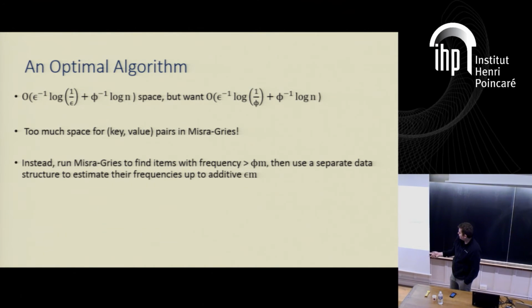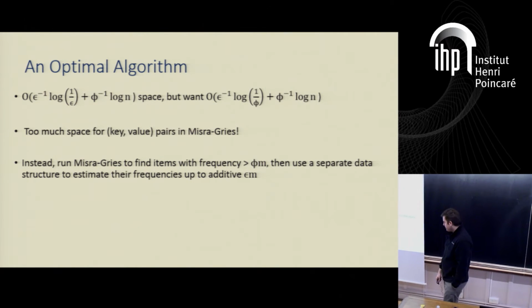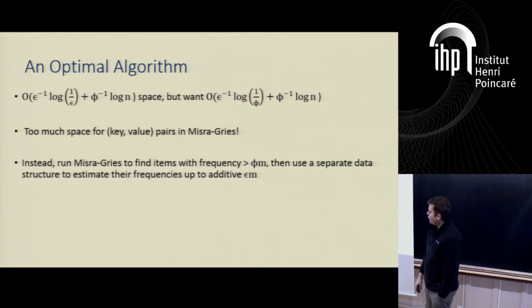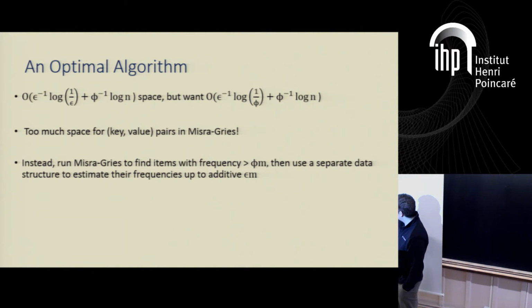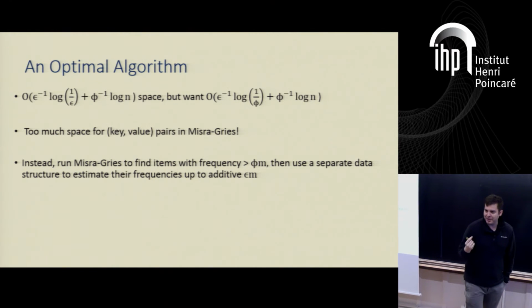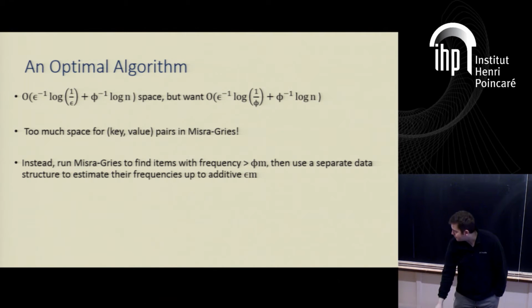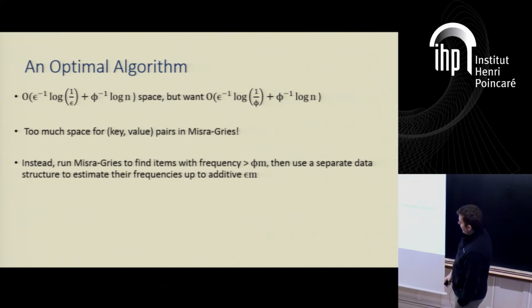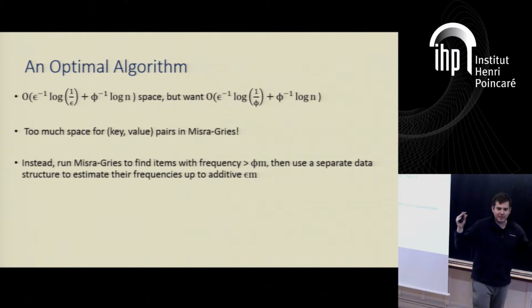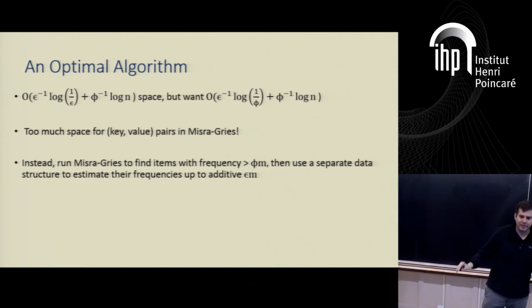So what are we going to do? Instead, we're going to run Misra-Gries to find items whose frequency is at least phi times m, or phi over 2 times m. Misra-Gries with this parameter is only going to take 1 over phi log n bits of space. It doesn't depend on epsilon.